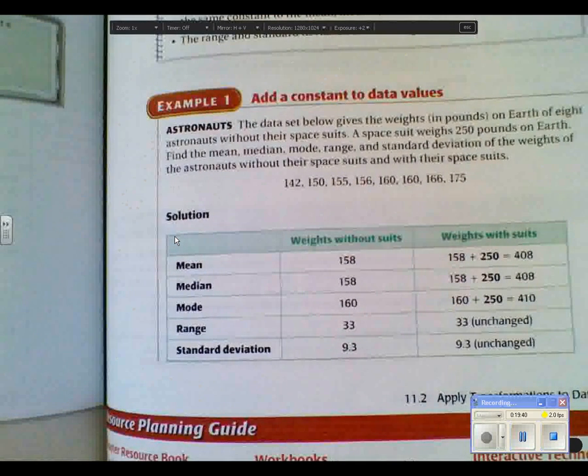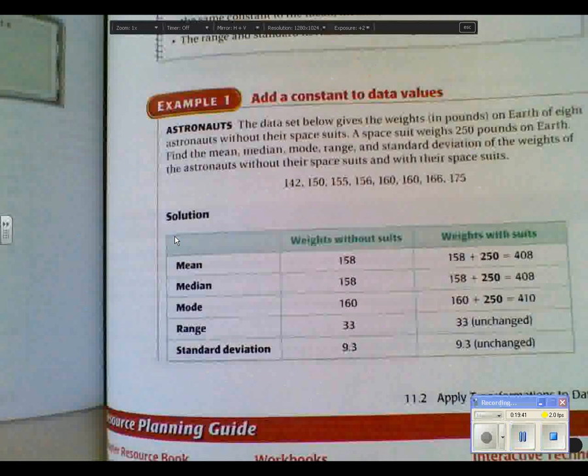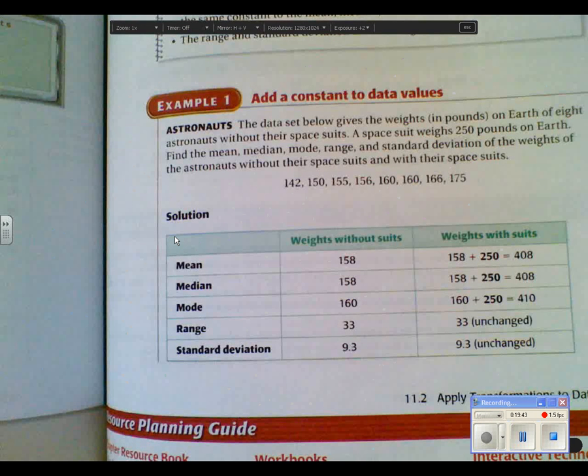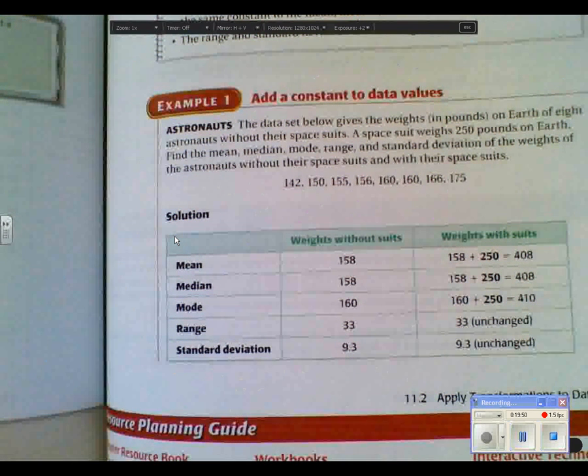We're exploring in this problem what happens if we add a number to each of our data points. What happens to our measures of central tendency and our measures of dispersion?